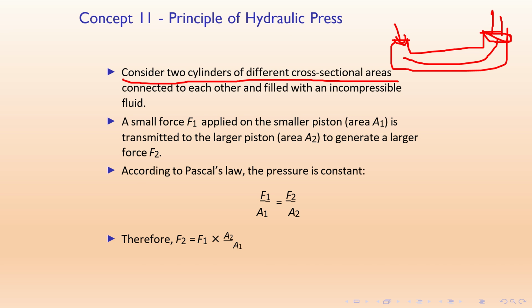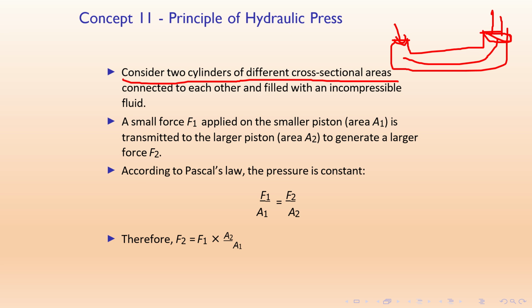According to Pascal's law, as we said, the pressure is constant, so F1 by A1 is equal to F2 by A2. Here F2 will become F1 by A1 into A2, where the area is more, so the total value multiplied will be larger.